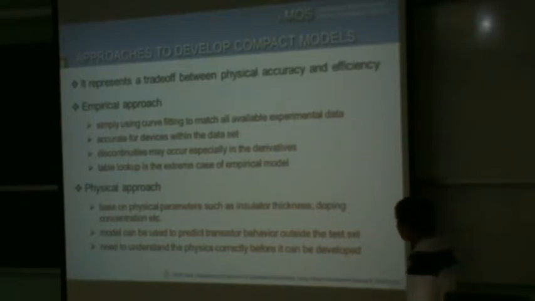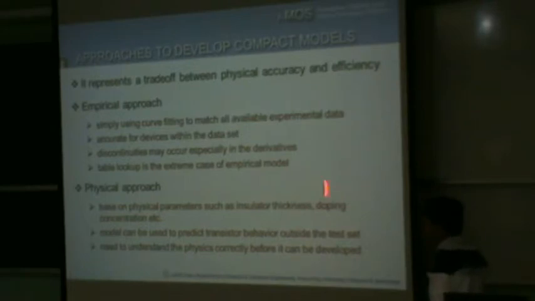I look at the data, I treat the whole thing like a simple curve fitting exercise to match all the available experimental data. You can say that the early classical model of MOSFET is some kind of empirical model, because you look at the shape, devise some physics with some iteration, and come up with some equations. The equations seem to have the same shape, and as a result, you say that it's more like an empirical model.